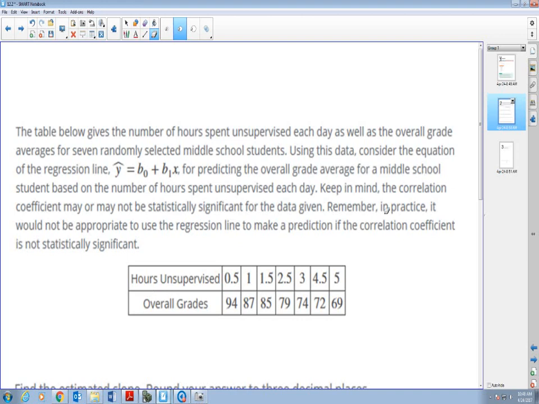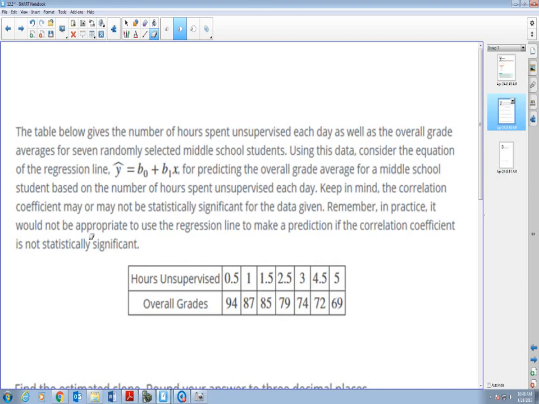Keep in mind, the correlation coefficient may or may not be statistically significant for the data given. Remember, in practice, it would not be appropriate to use a regression line to make a prediction if the correlation coefficient is not statistically significant.